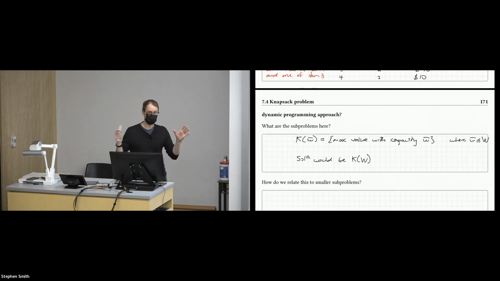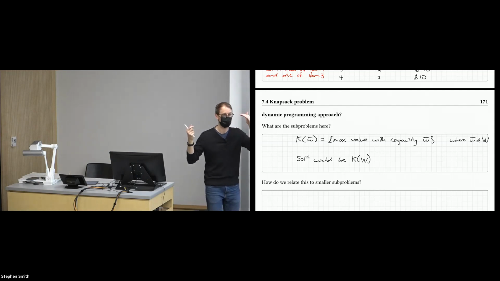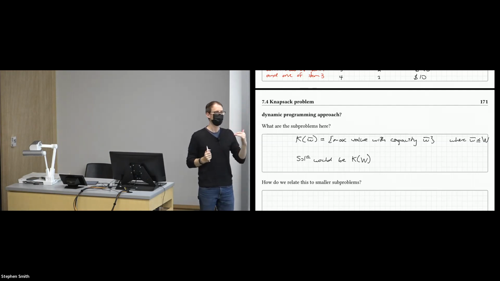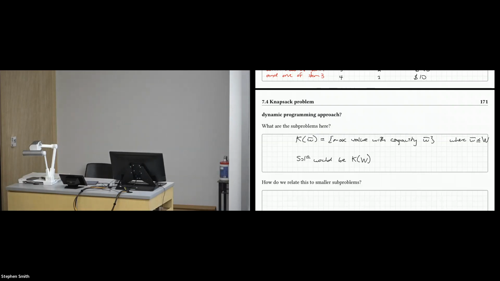Often on an exam, like on the final exam, it'll break a dynamic programming problem down into a few steps and I'll say, define the subproblem. What is the subproblem? I might even give a hint to get you started. And so you would write something like this. And then it would say, how do you find the answer from your subproblems?